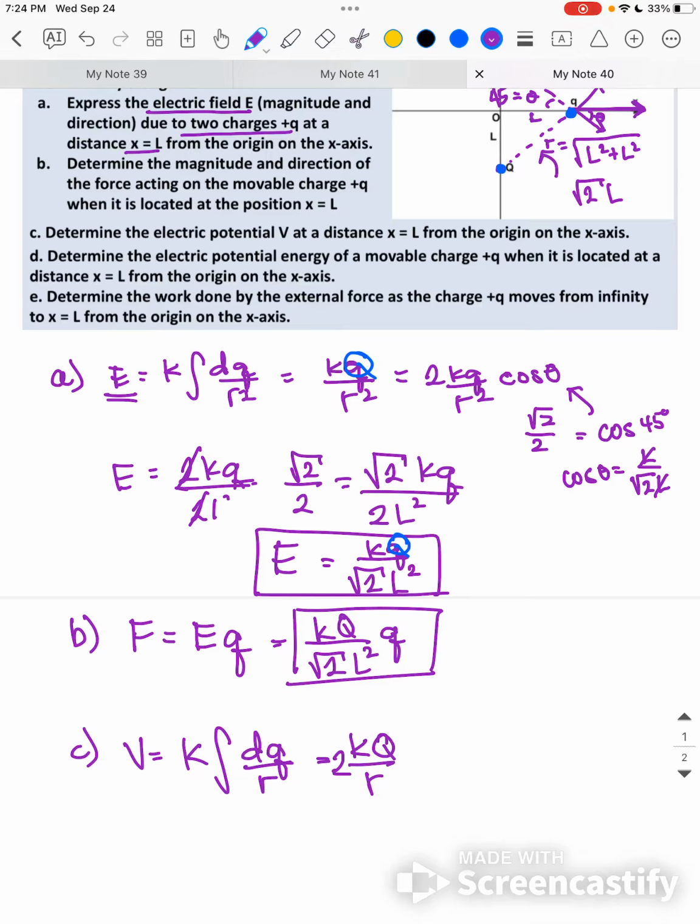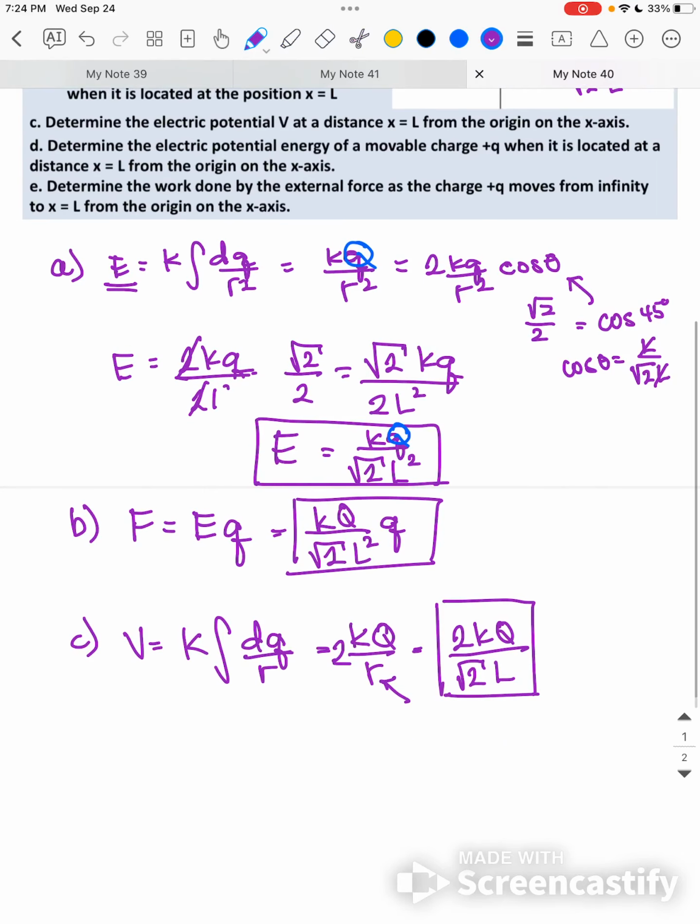The only thing is I have to rewrite my r in terms of variables that are given, and so it's 2kq over the square root of 2 L.